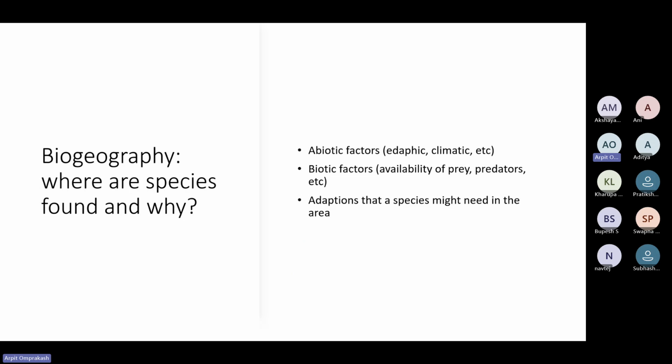There are various different factors that affect these things. Abiotic factors such as soil variables, such as pH or salinity, affect the plant life that can grow in an area.